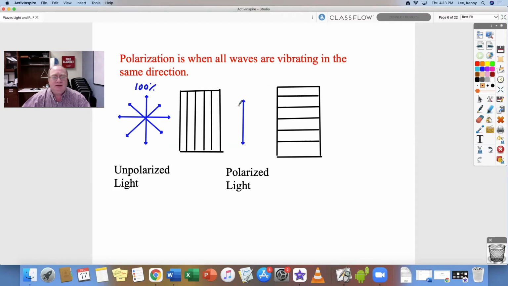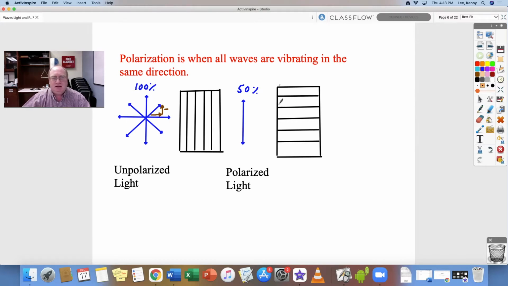What happens is these waves that are at an angle, if we do a little bit of trig, some of that wave's going sideways and some of that wave is going up. This part that's going up still makes it through. So it ends up being that you have about half the light making it through that first polarizing film. So now all the light is vibrating up and down as it passes through that film.